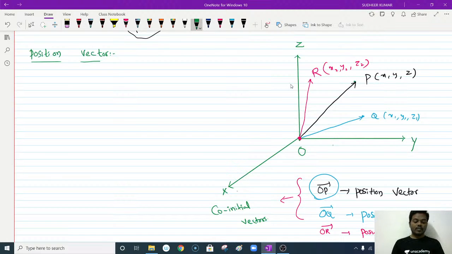So let us see the types of vectors. Co-initial vectors is completed. The next one is the zero vector. So what is a zero vector?